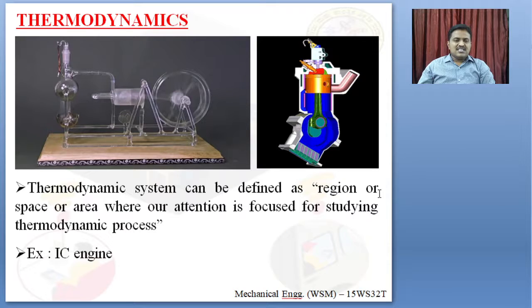It is a region or a space where our attention is focused to study some thermodynamic process. Such a system is known as a thermodynamic system. Example: an IC engine. The combustion chamber is known as a thermodynamic system. We are focused on this system rather than any other things.